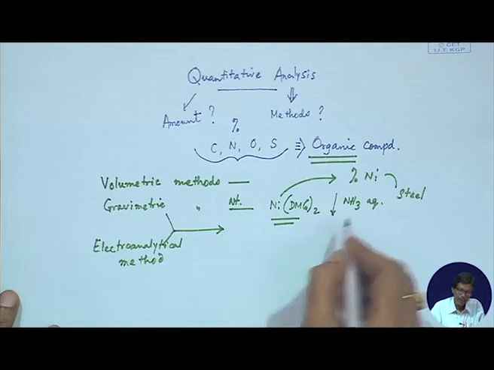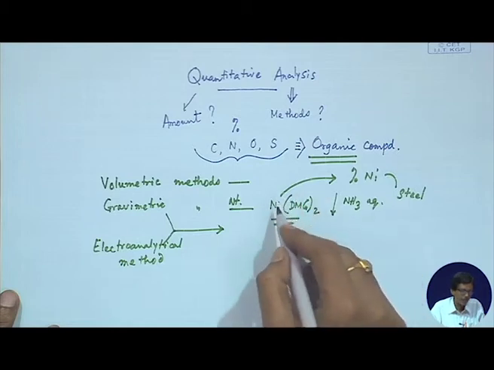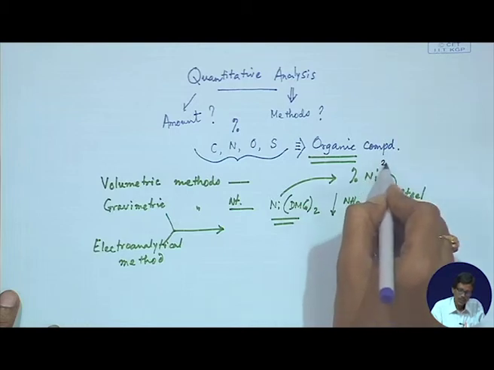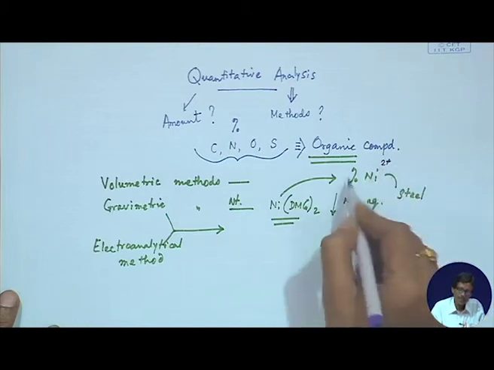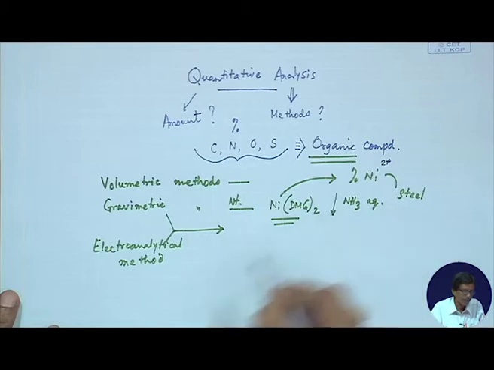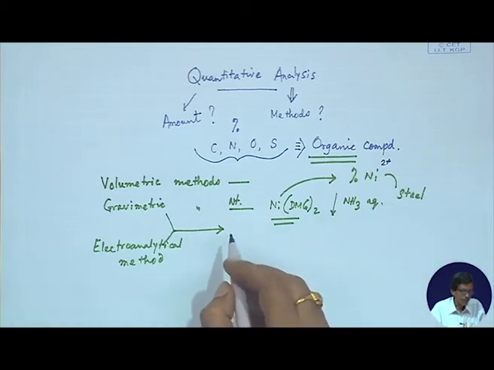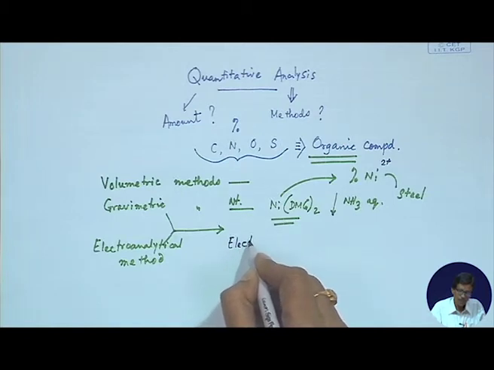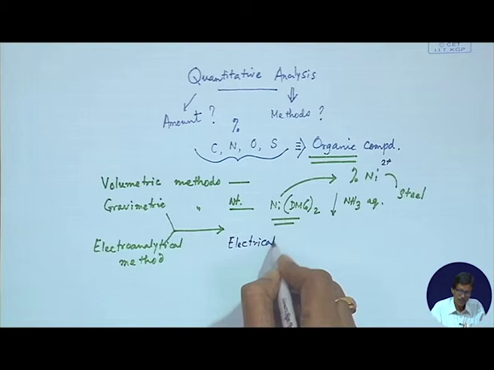So, this is typically a simple gravimetric method from the addition of DMG to nickel 2 plus, and as a percentage of nickel we can analyze it. But in these electrochemical methods, what we will be measuring is some electrical property.